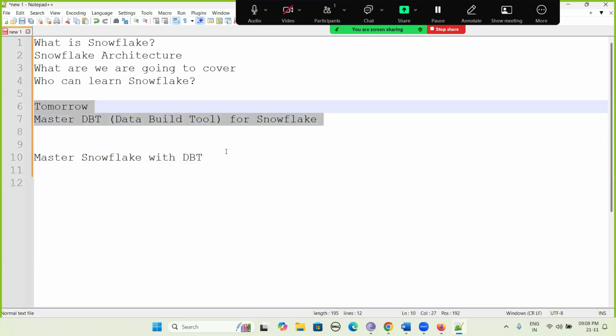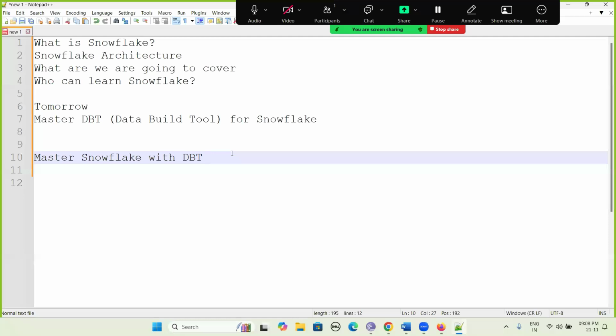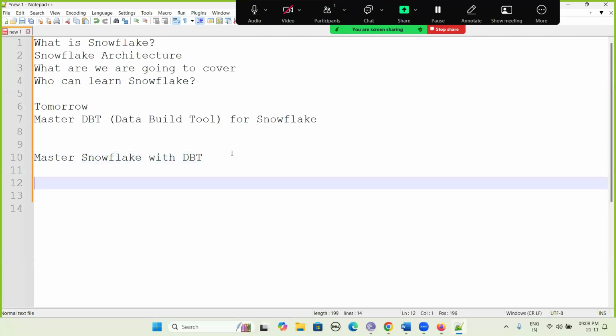Okay. And before we enter into Snowflake concepts, first I introduce myself. I am Badri. I have complete 15 plus years of IT experience. I started my career as a Java developer. Then I moved to the big data world. In mid 2015, I started my career as a big data developer.